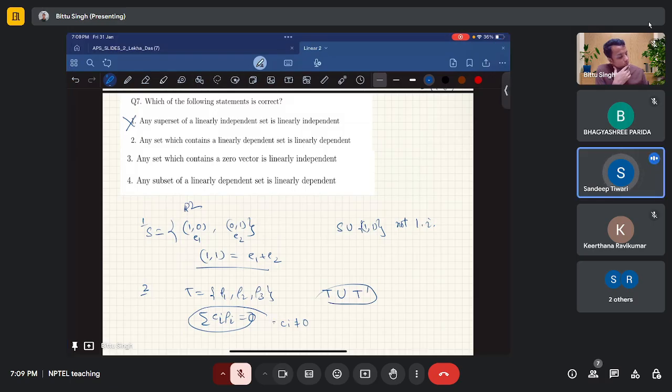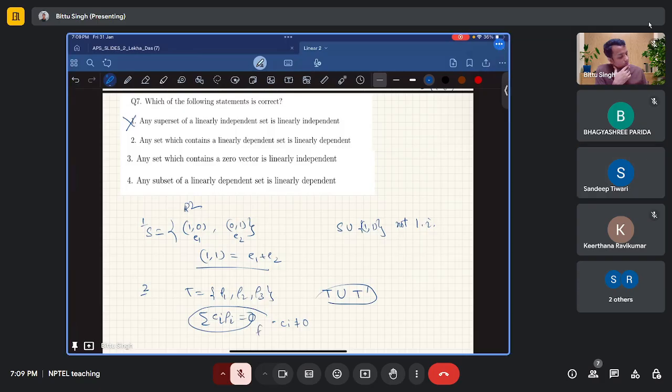So you can see for T union T dash, if you take another such row 4, row 5, those types of things, then this relation is also present there, right? Therefore, any bigger set will be automatically linearly dependent. So this is true.